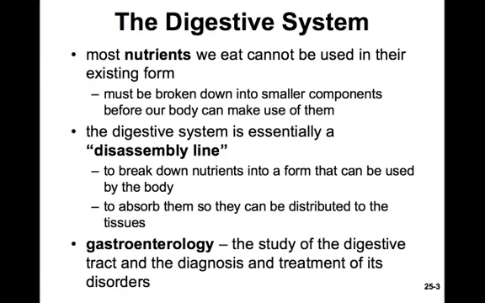So the digestive system is essentially a disassembly line. We're going to break down nutrients into a form that can be used by the body, and then we're going to absorb them so that they can be distributed to the tissues. The study of the digestive tract and diagnosis of its issues is called gastroenterology.